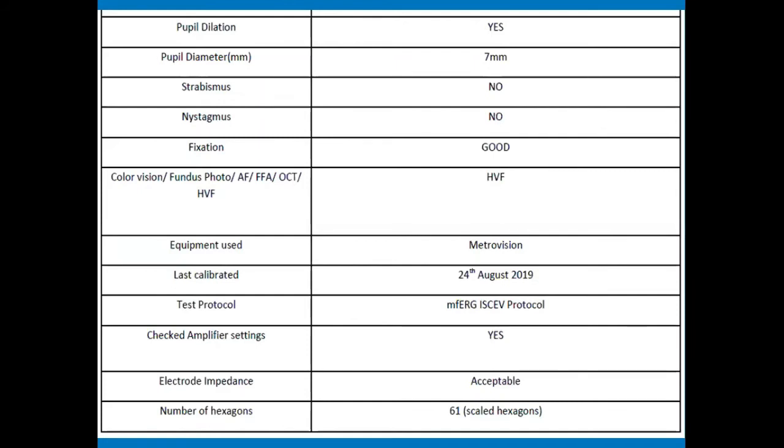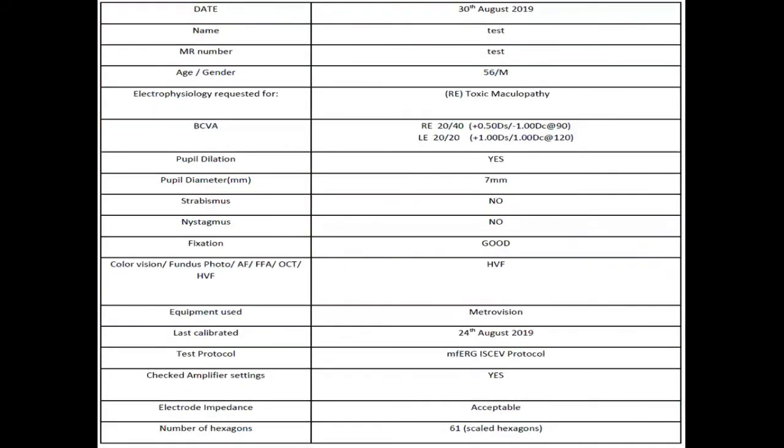This is also a summary of what type of test we have performed, how the pupillary dilation was, which system we have used, when the system was last calibrated, what type of protocol we have chosen, and what the electrode induced impedance level was. Now, once these are all done, we have completely summarized and merged these two formats.